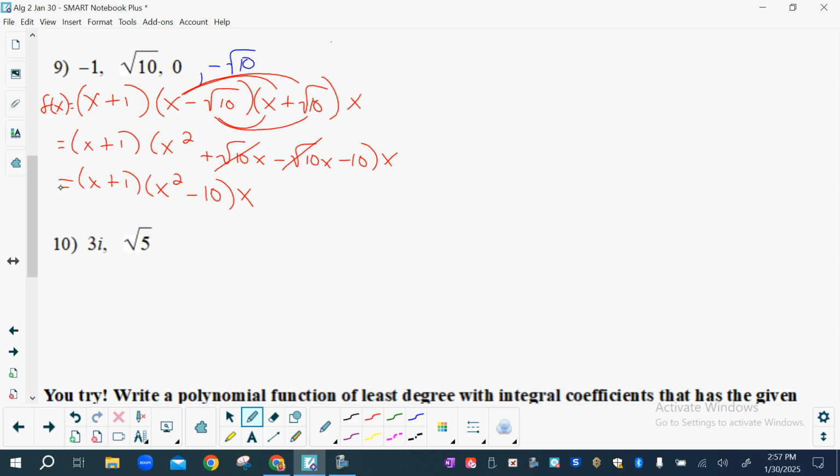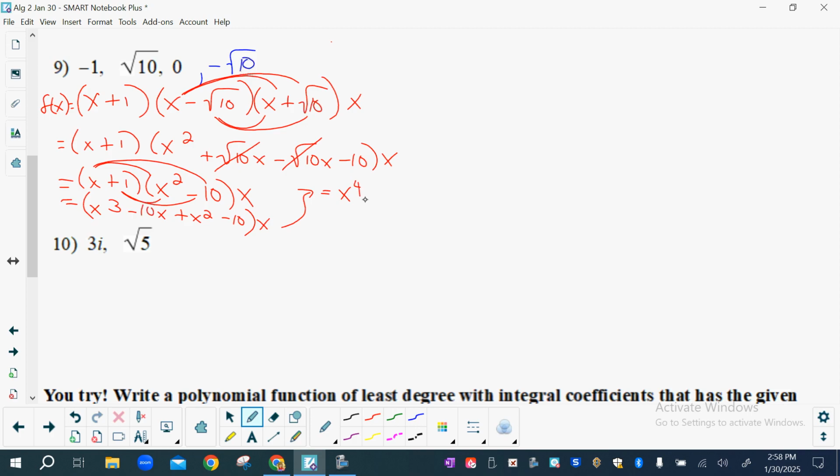So now we're going to multiply these here. This group here, tell me what we get when we multiply these. Good. So we still have to multiply it by x. So we have x to the 4th, and I'm going to put it in standard form at the same time.